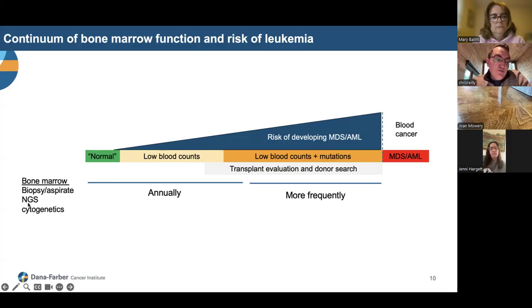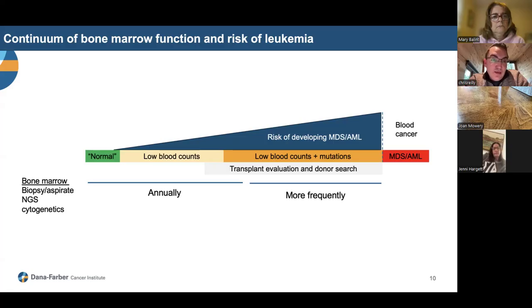And I should have even bolded this, but next generation sequencing, I can't emphasize it enough, just how powerful and useful a tool it is for us to really understand. Maybe this isn't intuitive or obvious, but historically, for patients, we have a pathologist take a look at the bone marrow and we ask them to use their vision and their knowledge to understand: are these changes in the blood cells concerning for things like myelodysplastic syndrome?